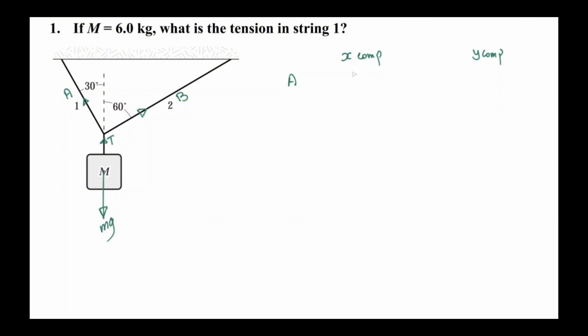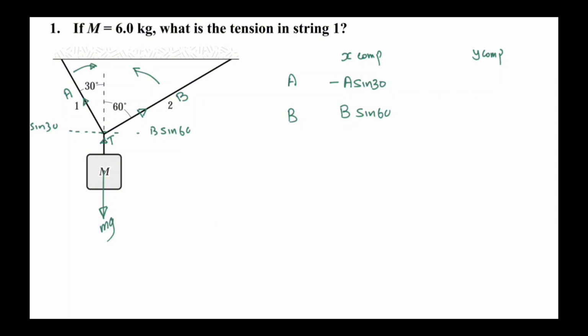The x component of A is minus A sine 30, because this is 30 here. For the one with the angle, take the cosine. Again, the x component of B is B sine 60.